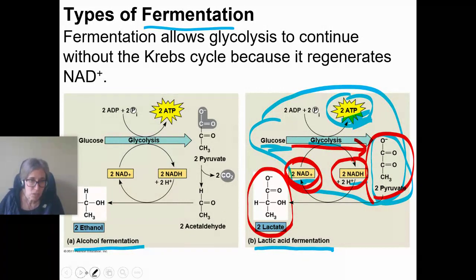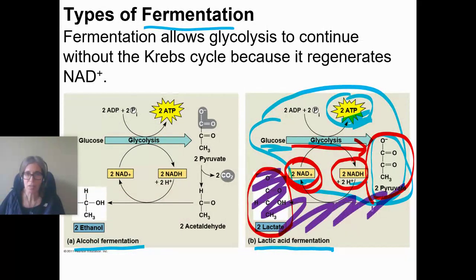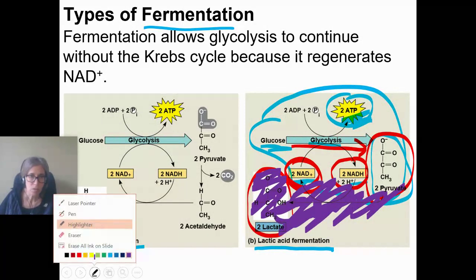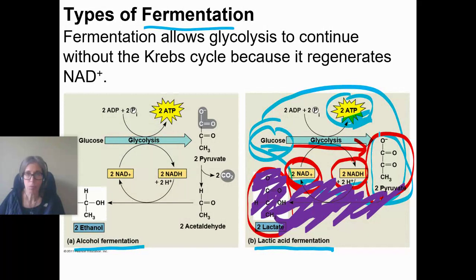But let's say we didn't do any fermentation. Let's say we weren't doing any of this stuff at all, right? What you would end up doing is the glucose would be broken down to pyruvate, and you would keep doing that until you ran out of NAD. If you do this process enough, you're going to have no NAD left.